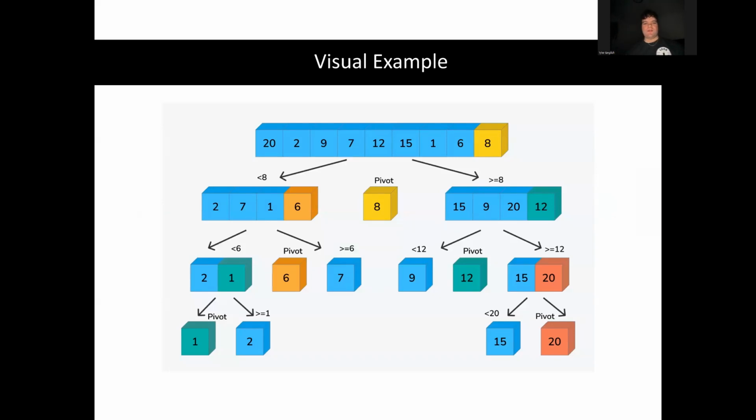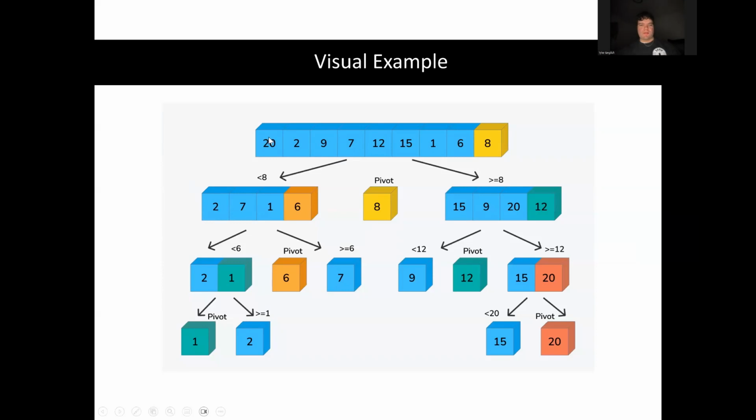So let's say we get an array and we don't give it a pivot. Usually we would grab the last element in the array as the pivot, and based off of this 8, we would select elements that are less than the pivot, and elements greater than or equal to the pivot, which go in the higher group.